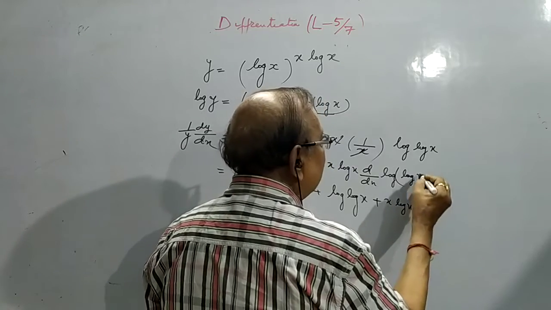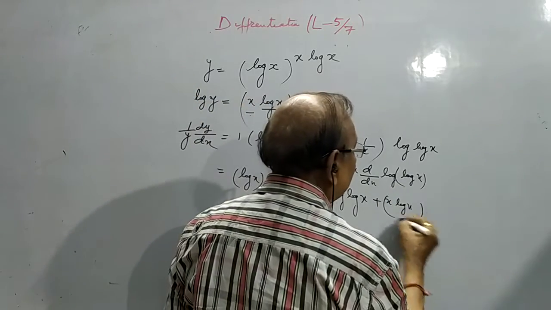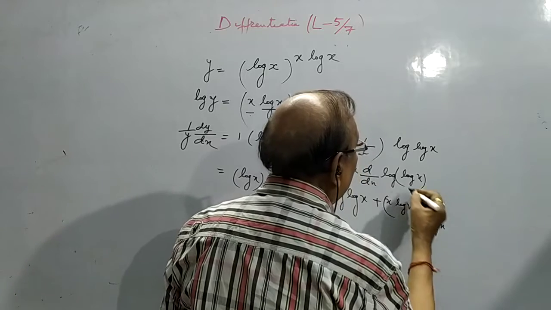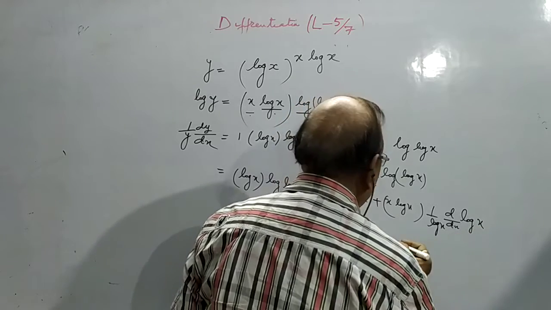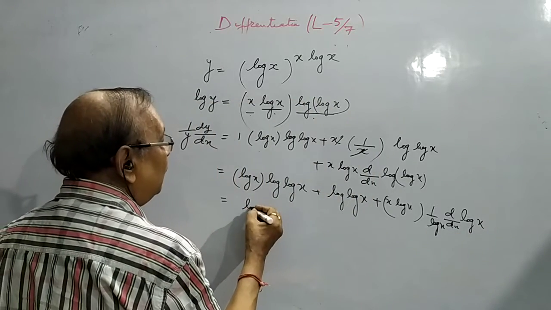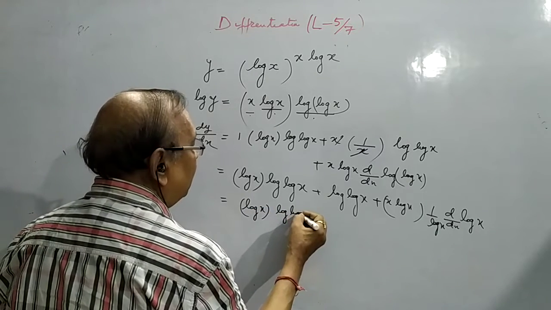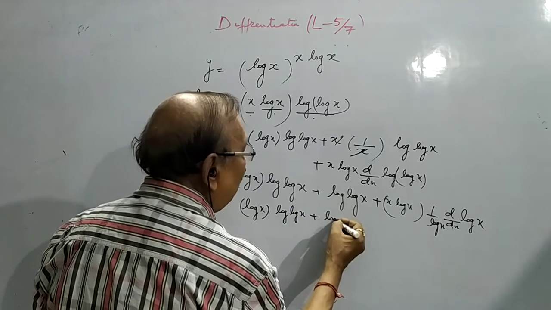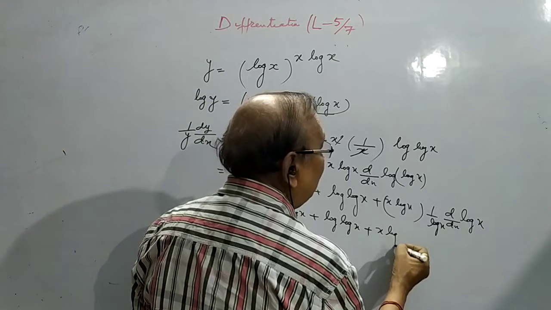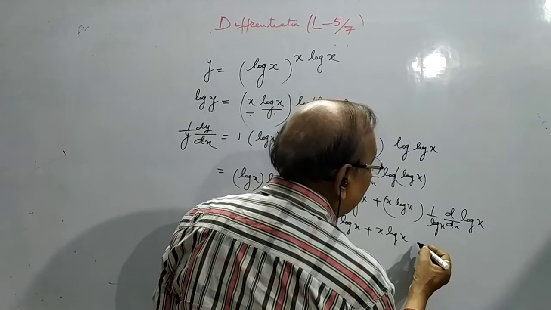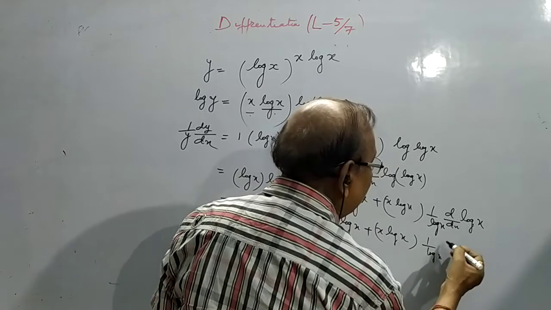Now the first operator is this, differentiation of log x, that is 1 upon log x, and d by dx of log x, that is 1 upon x.